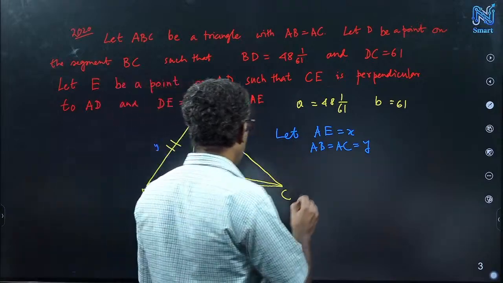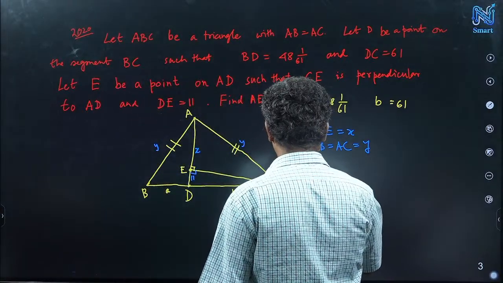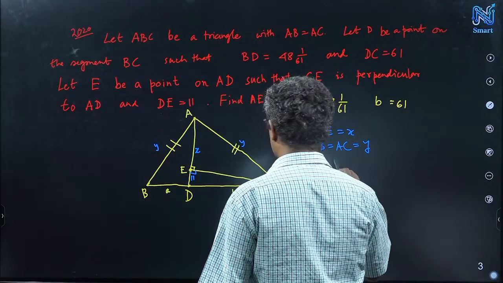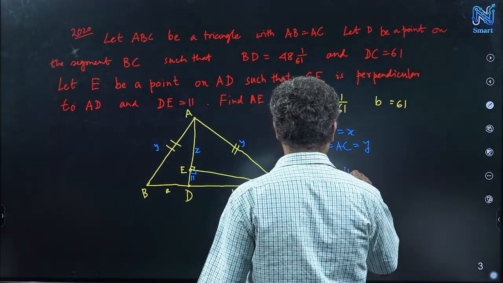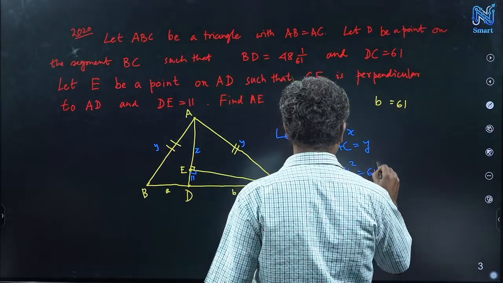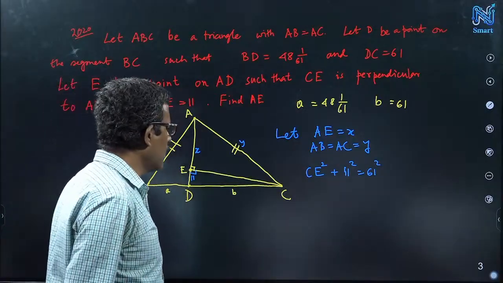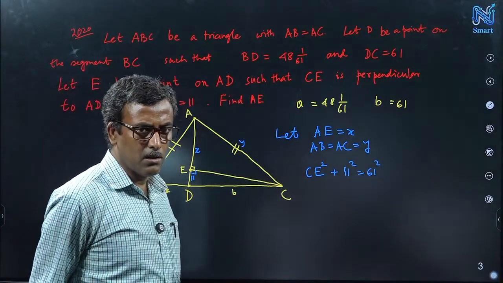So here CE square plus 11 square is 61 square, right? By Pythagoras theorem. So from that CE is 60. Is it 60?